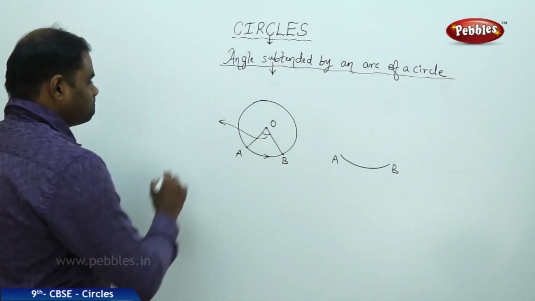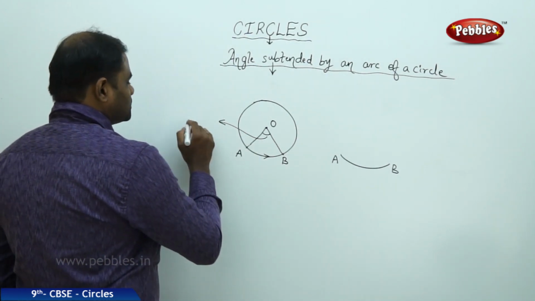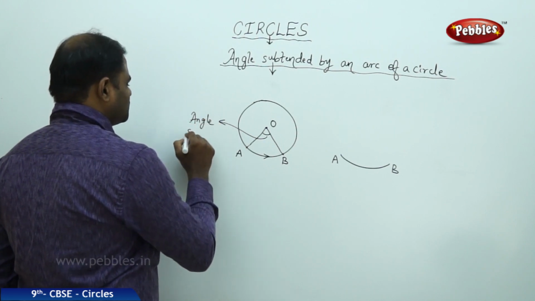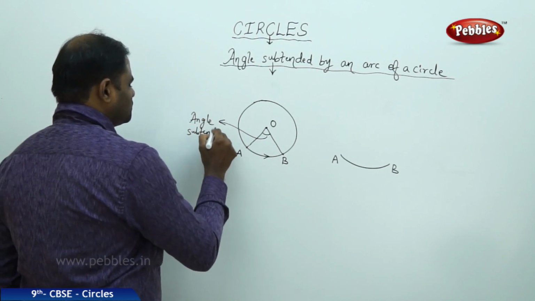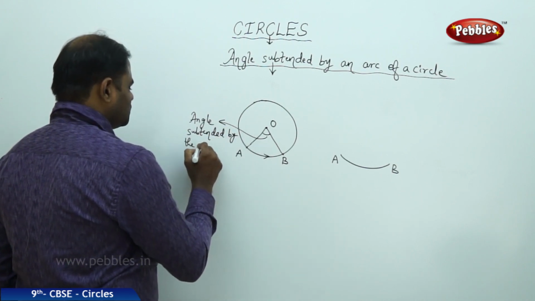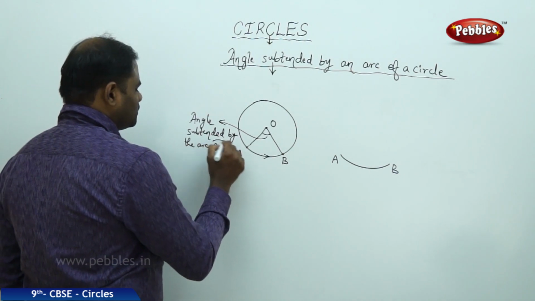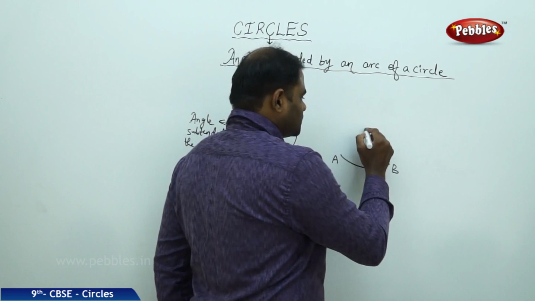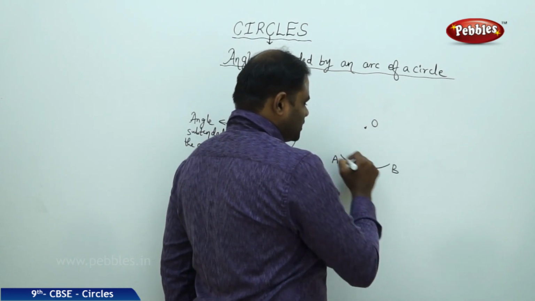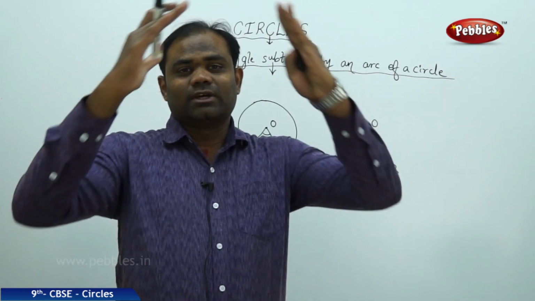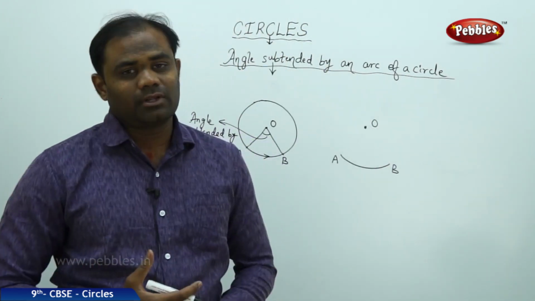So here this is the angle subtended by the arc AB. When I take the center O and I take the arc, then the angle at which the end points of the arc converge is what is called the angle subtended.